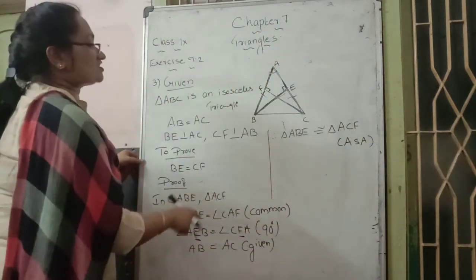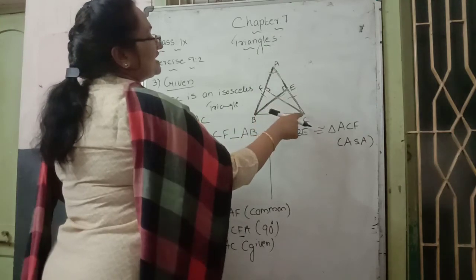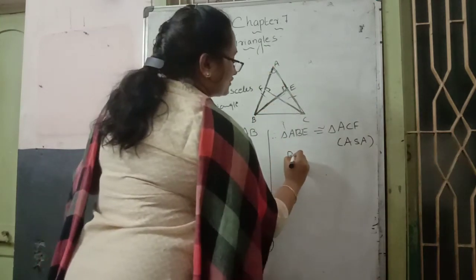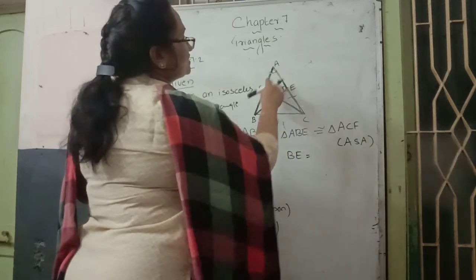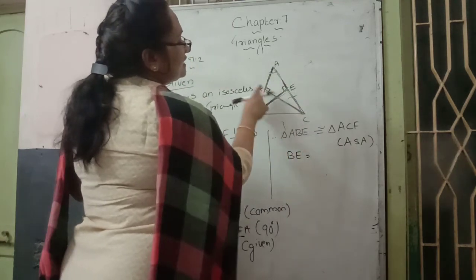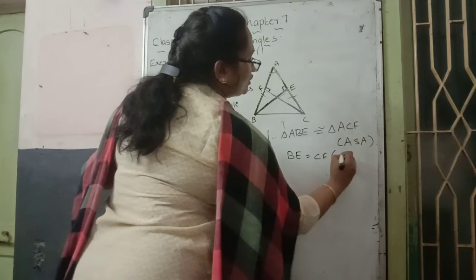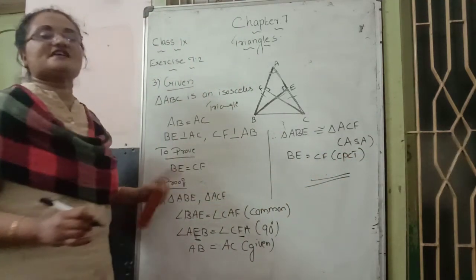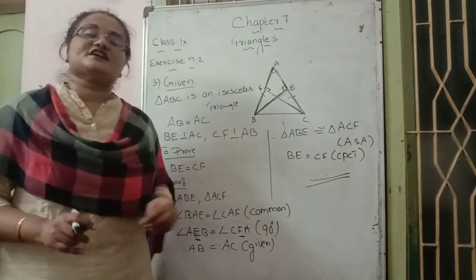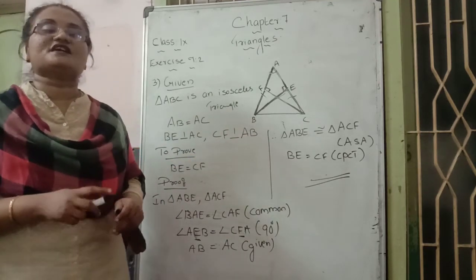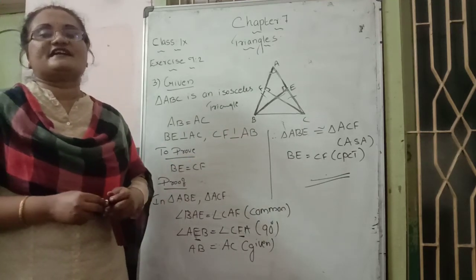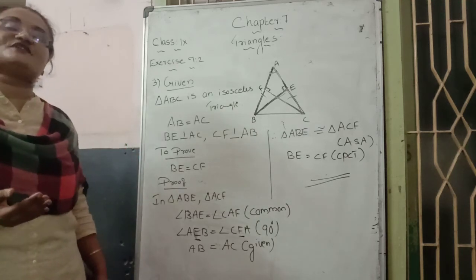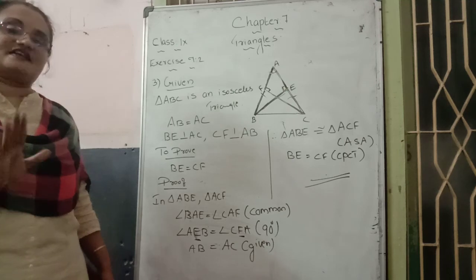By CPCT, the BE side of the first triangle and the CF side of the second triangle are equal. Hence we prove this case: BE and CF, the altitudes, are equal. I hope you can understand this problem. Remaining problems we can discuss in the next class. Thank you.